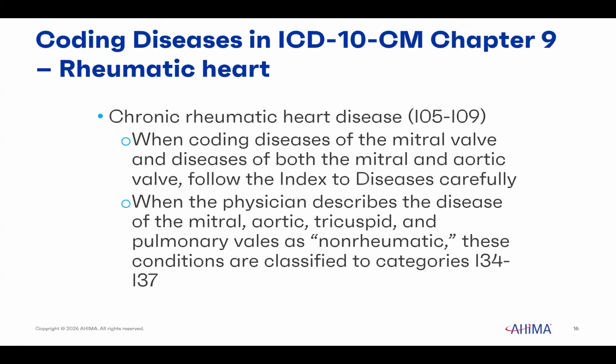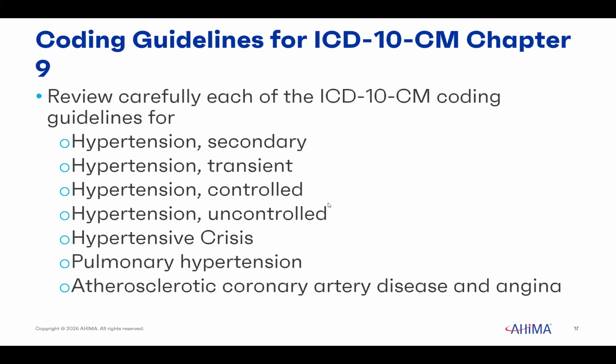When a physician describes the disease of the mitral, aortic, tricuspid, and pulmonary valves as non-rheumatic, these conditions are classified to categories I-34 through I-37. And again, there are very special rules on coding different types of hypertension, like whether it's secondary pulmonary hypertension, hypertension uncontrolled, controlled, hypertensive crisis, and so on.